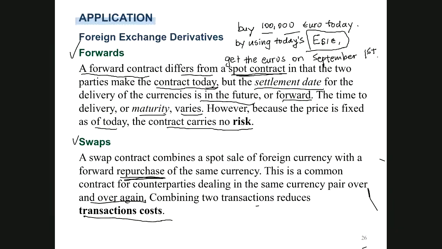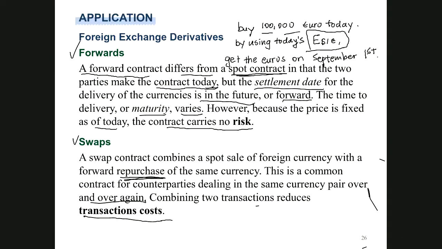If you think about a situation where you are the exporter in the US and you sell your goods in Germany, you collect a bunch of euros, right? People pay in euros in Germany.